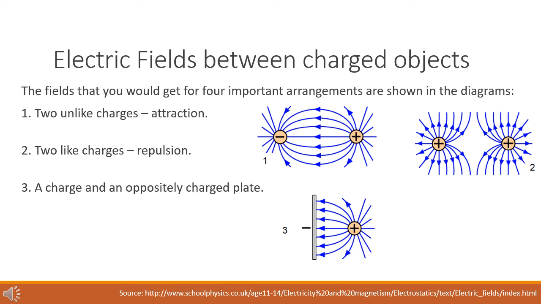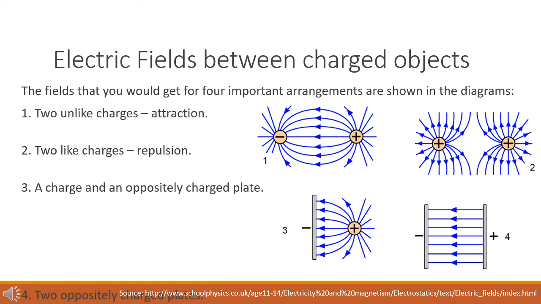Thirdly, a charge and an oppositely charged plate form a complex arrangement of field lines. Notice the field lines go from positive to negative. And fourthly, when you have 2 oppositely charged plates, it forms a uniform electric field with the arrows going from positive to negative.